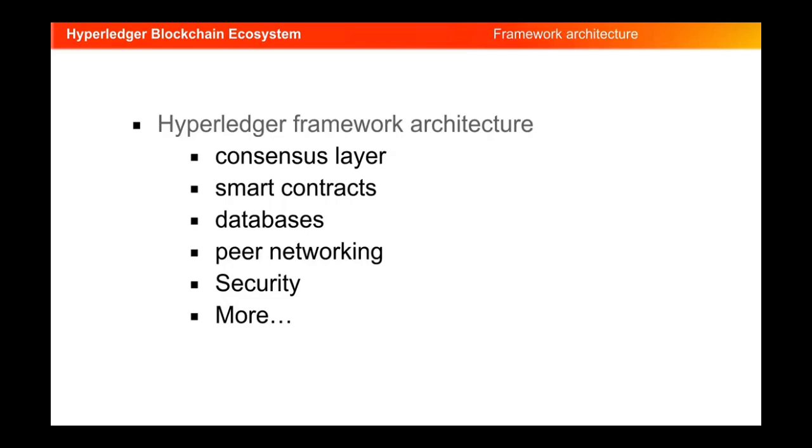So, Hyperledger framework architecture. Hyperledger focuses on these main business blockchain components: consensus layer, smart contracts, database, peer networking, security, and many more.